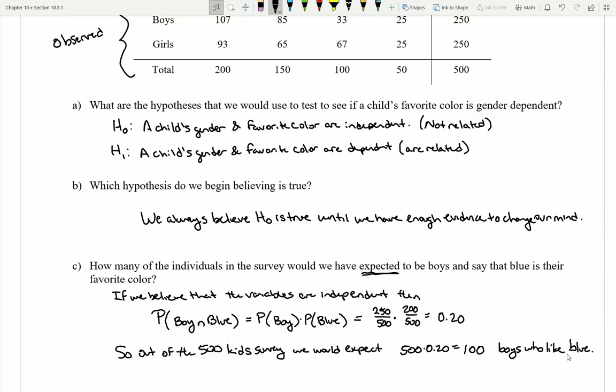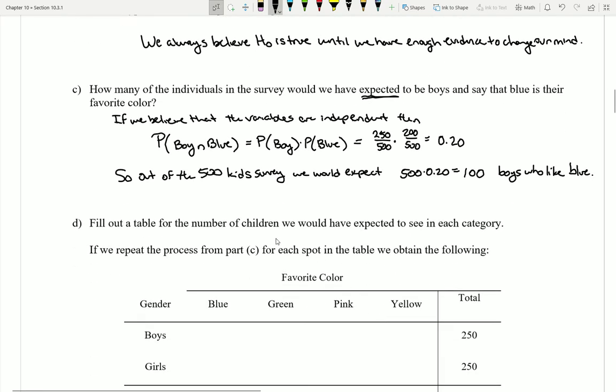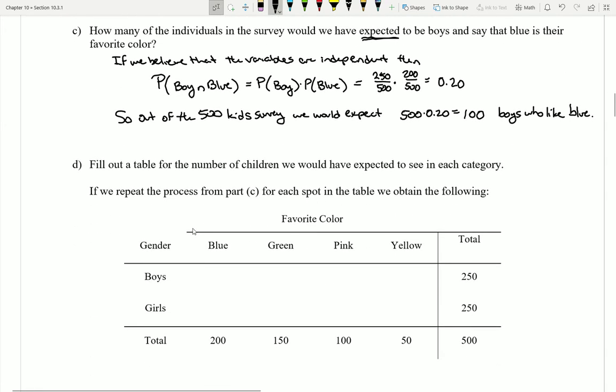This is what we would have expected to see. So down here in part D, I could start to put together a table of not the things that I observed, but all the things that I would expect to observe. And we've already seen that I would expect to observe 100 boys that like blue.